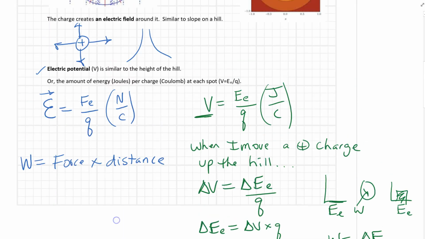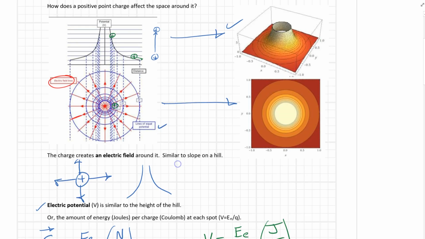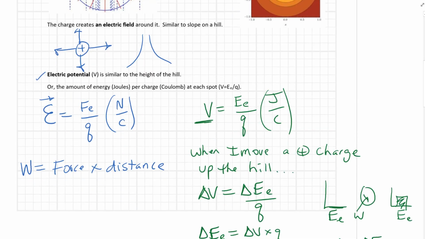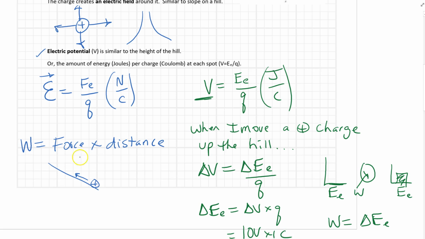But it would be a little bit hard to calculate here, because you can see as I'm pushing along, the force increases. It starts out small and it ends up larger. When we are moving something up a hill that's nice in a straight line, if we took this positive charge and we moved it up a uniform strength field that we had in between two charge plates, I could use this idea to think about how much work we've been doing.